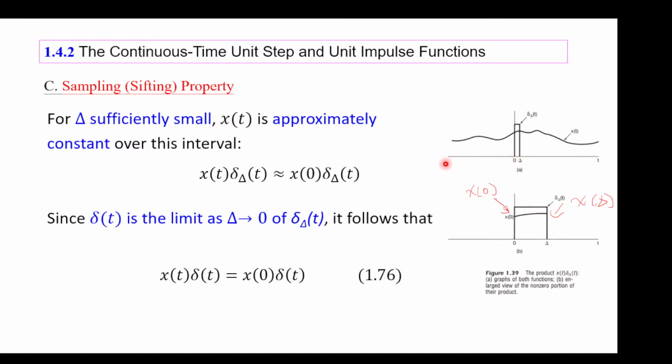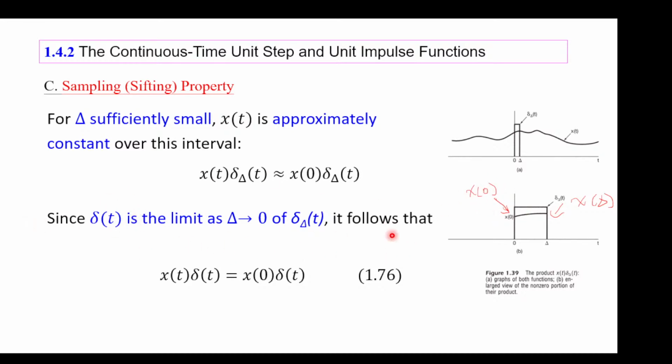Just like in discrete time, when t is outside of 0 to triangle, so when t is less than 0 or bigger than triangle, it's all 0 because delta triangle is 0 outside there. Inside, delta triangle is 1 over triangle, so it's really high, times some x function between 0 and triangle. Since x has some finite derivative, x between 0 and triangle is about x of 0.